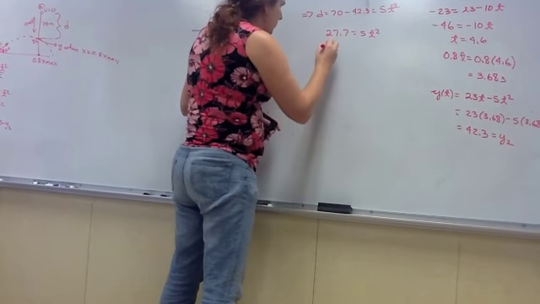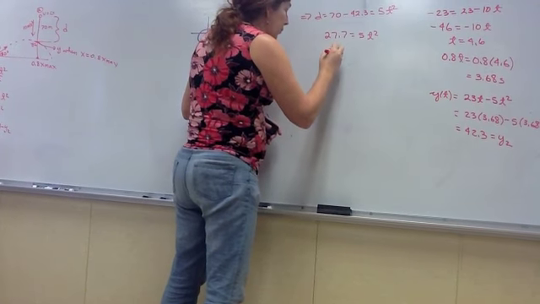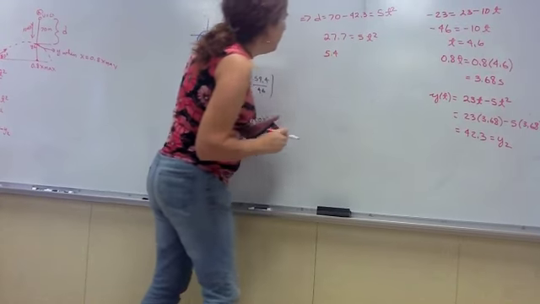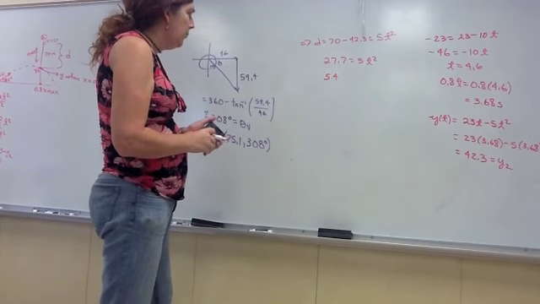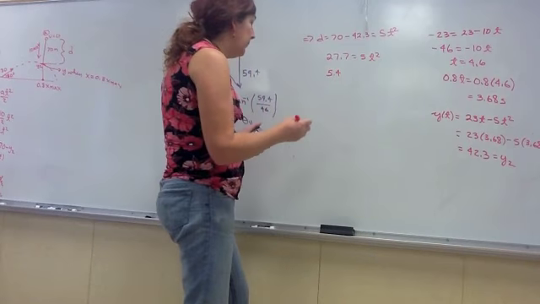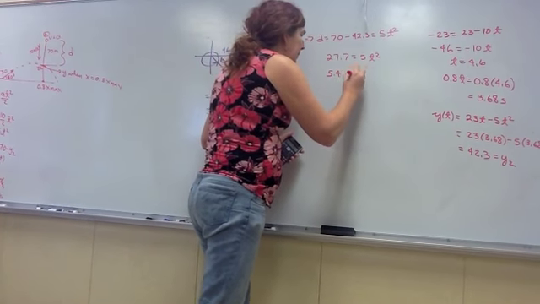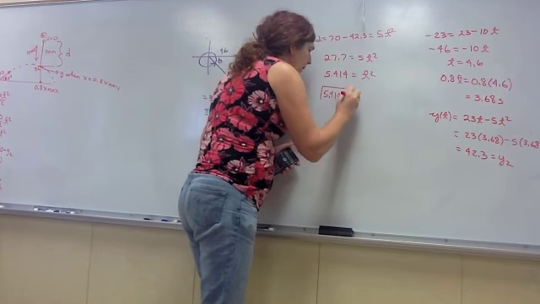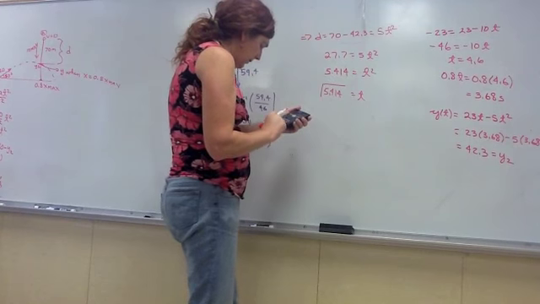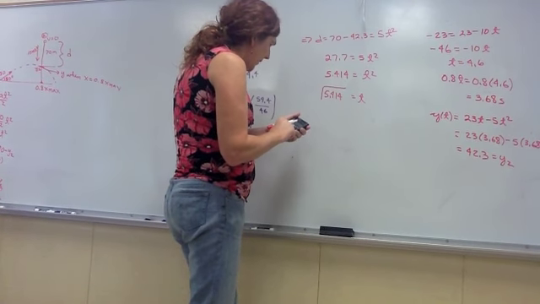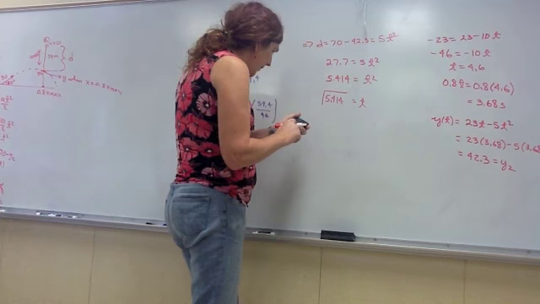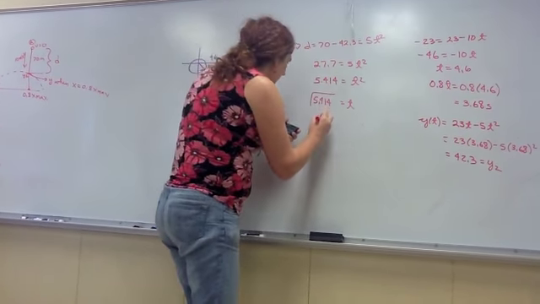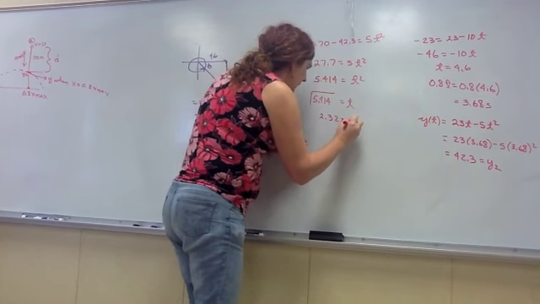Divided through by 5, we're going to get about 5.54. We'll keep it at that, and we square root both sides. We'll take the positive value, since we're not going to deal in negative time. And I'm getting about 2.32 seconds.